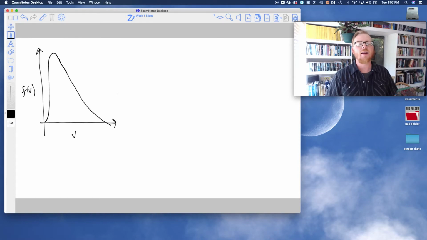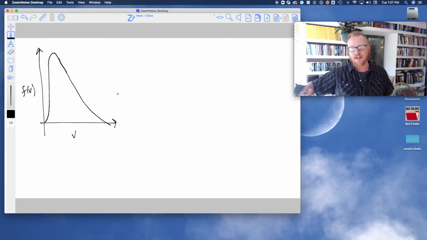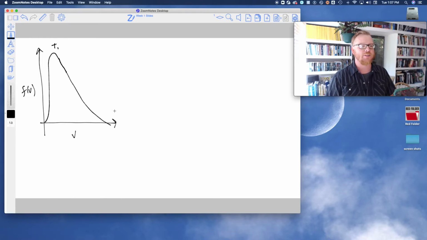It appears as if it should be like a Gaussian distribution, but it's not Gaussian. It is weighted heavy at the tail end. So if I say, for example, this is the distribution at T1, and I'm also going to define T1 is less than T2 is less than T3.